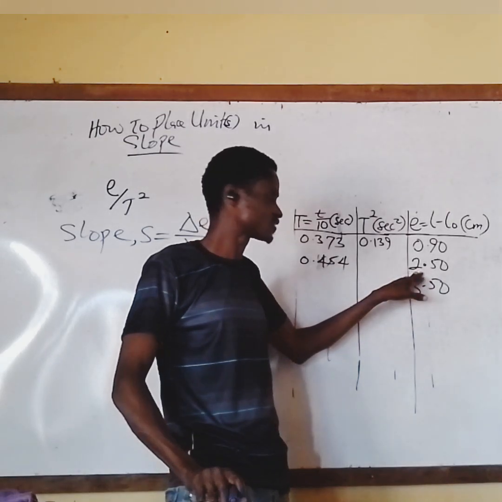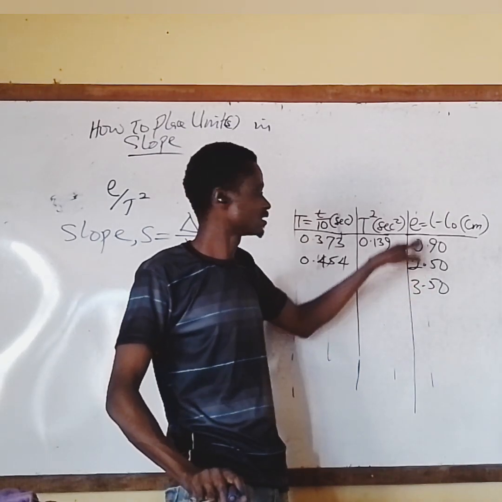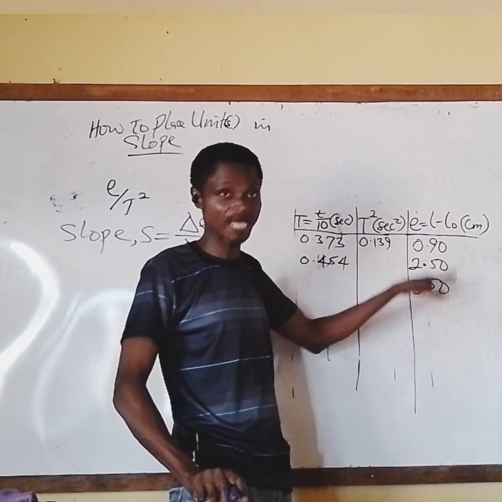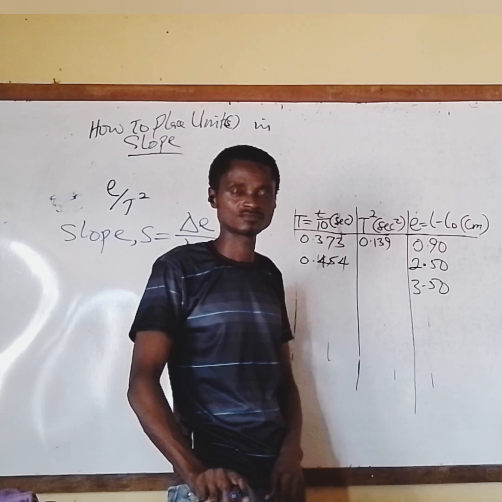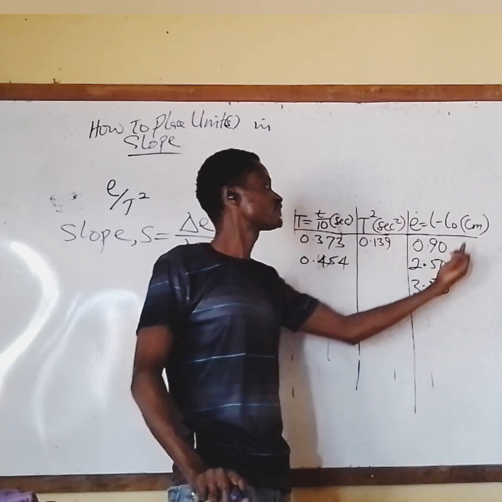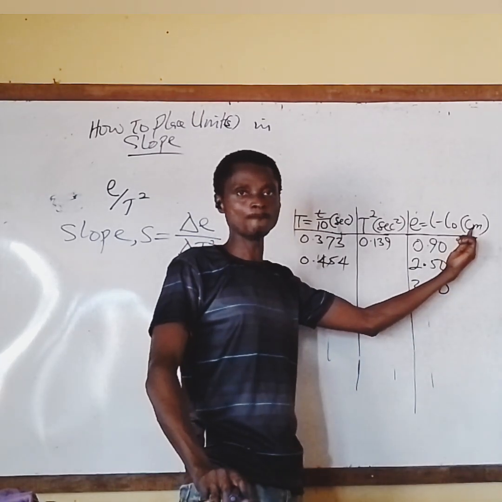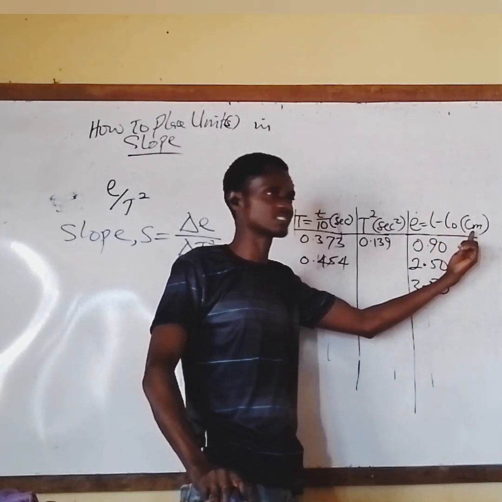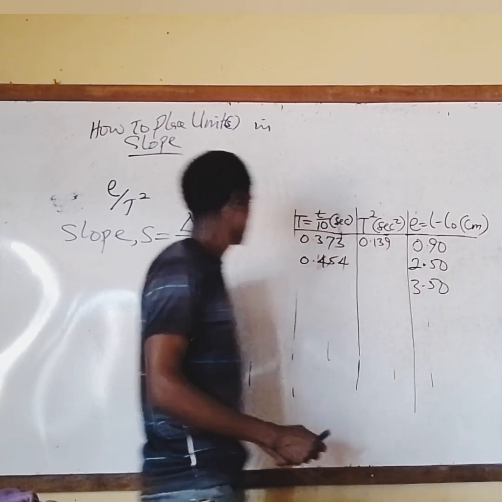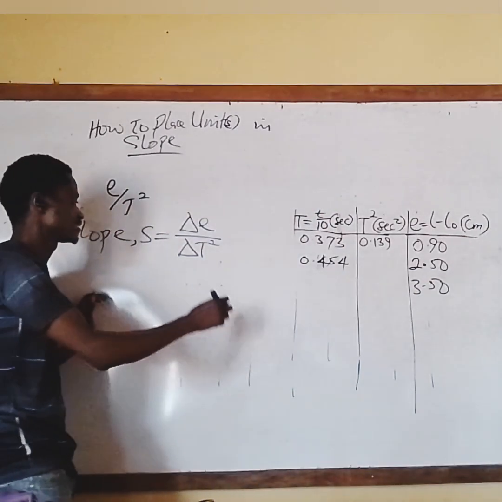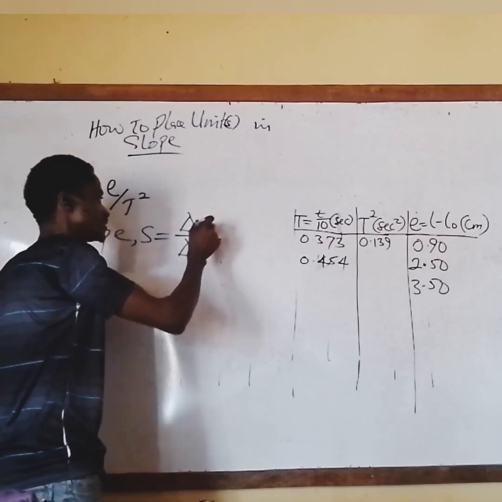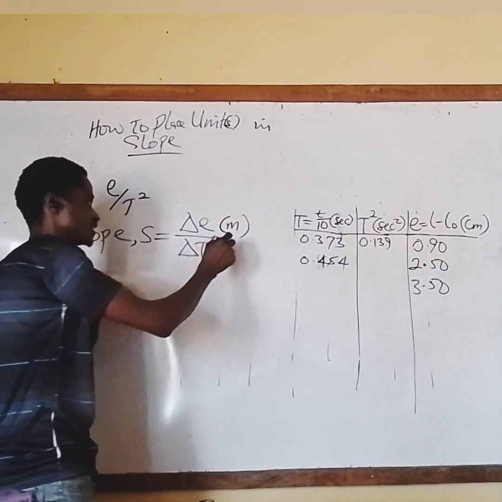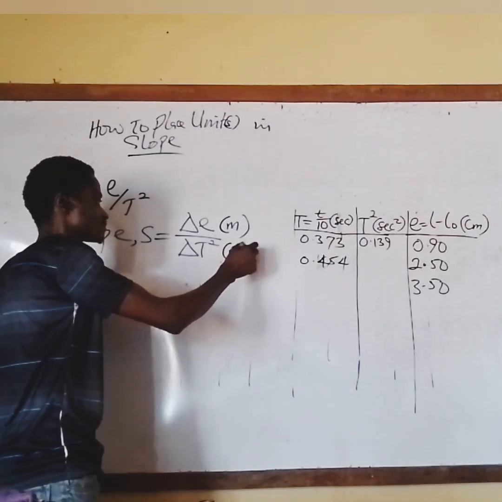Then 2.50 divided by 100 will be 0.025, as the case may be. That is if you want to put this as meter instead of centimeter. But since we are using centimeter, you will come over to this place and say our E is measured in centimeter, while T squared is measured in second squared.